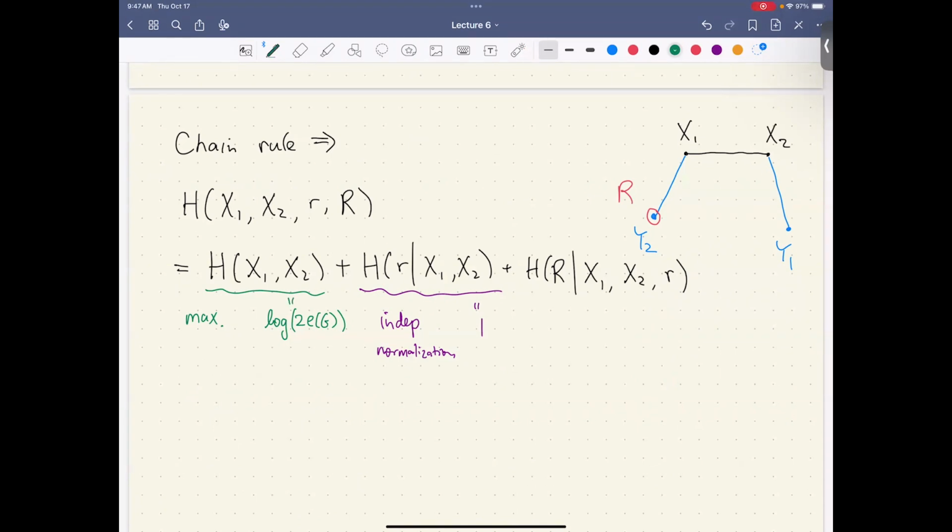So we have to estimate the last one. Let's see what the last one is. This sort of double-layered random vertex, R given x1, x2, little r.